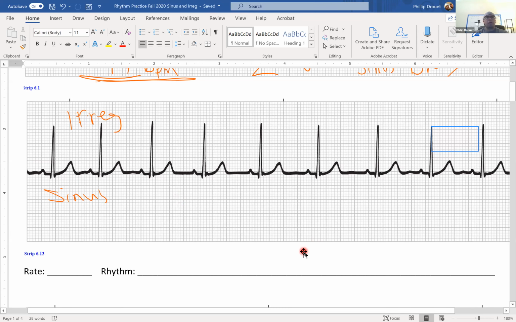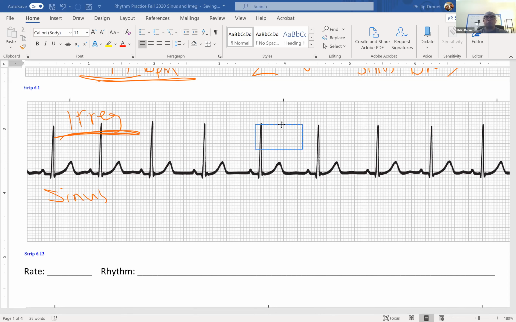Step number 4 is checking for abnormal beats, which I don't see any because they would be easily identifiable. Step number 5, calculate your rate. Well, when I have an irregular rhythm here, I cannot use the 300 or the 1500 method because depending on which group of QRS complexes you are selecting, that's going to change.